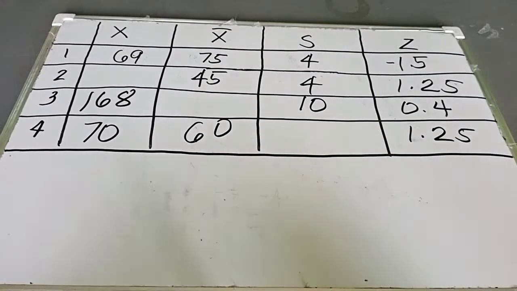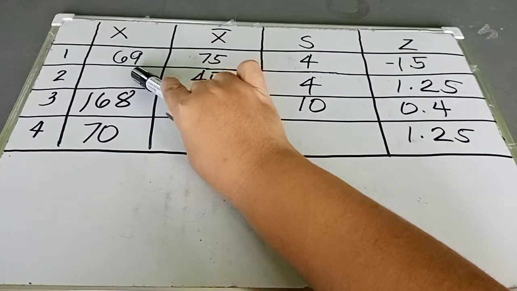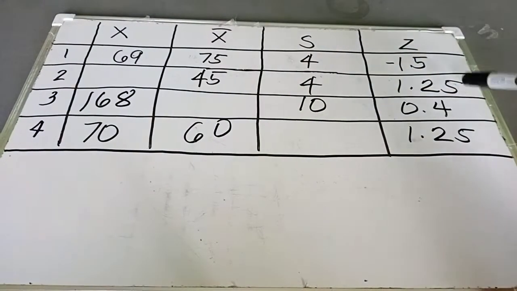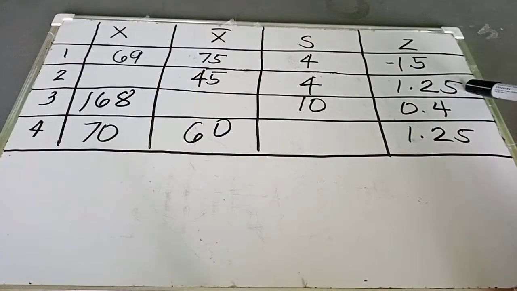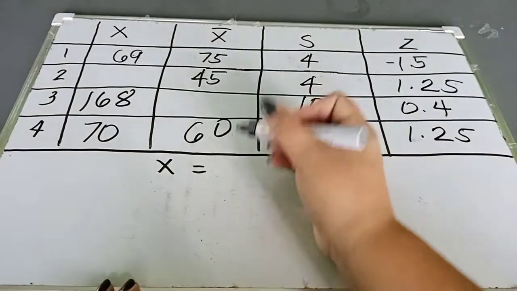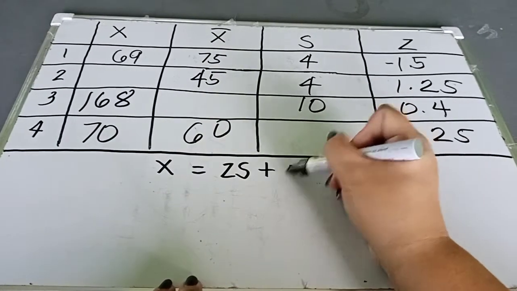Okay class, let us have another example. For example, you are asked to find the given measurement, or x, wherein your given mean is 45, your given sample standard deviation is 4, and your given z-score, standard score, is 1.25. If you are finding the given measurement, x is equal to the product of the standard score and the sample standard deviation, plus your given mean.